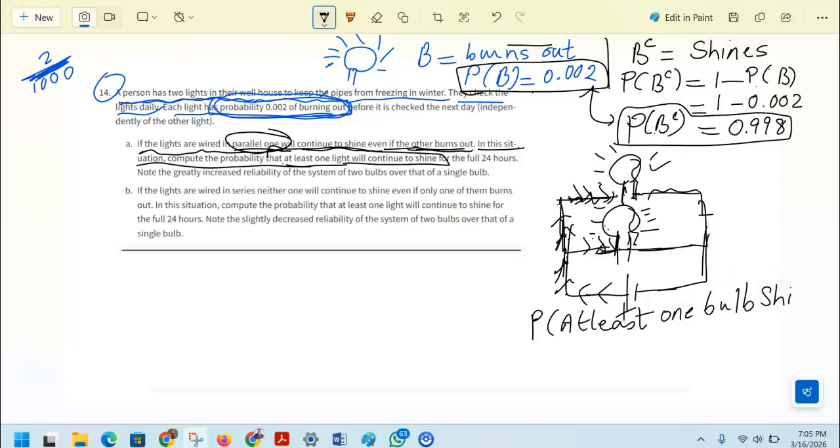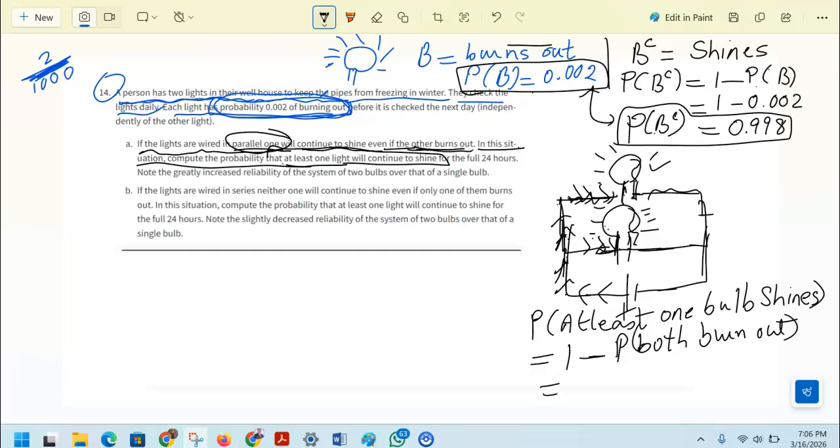We can use the complement rule. That means this is the same as 1 minus the probability that both burn out.